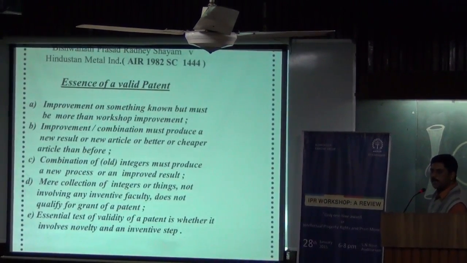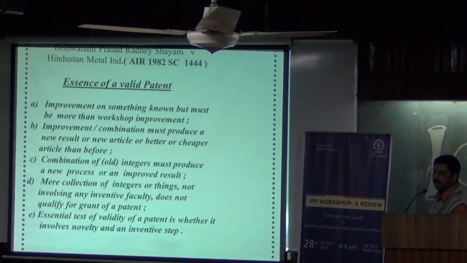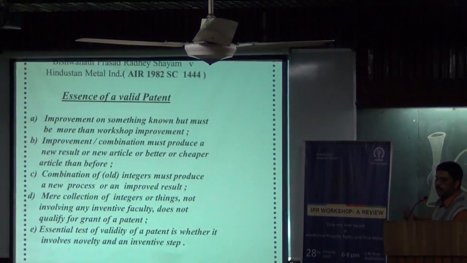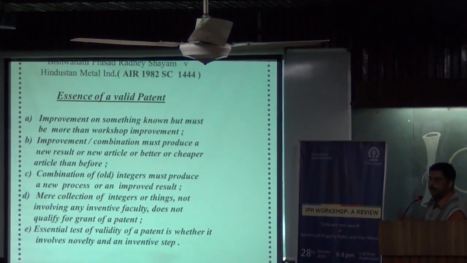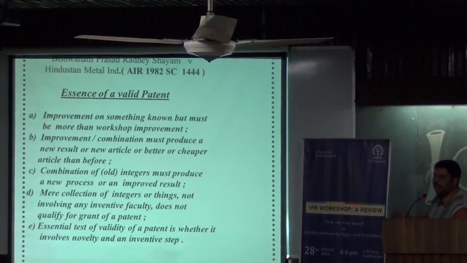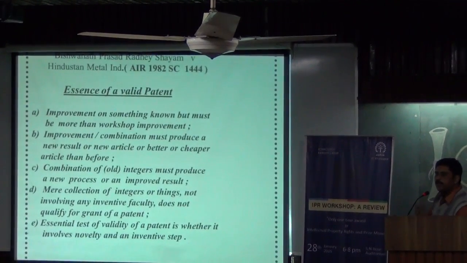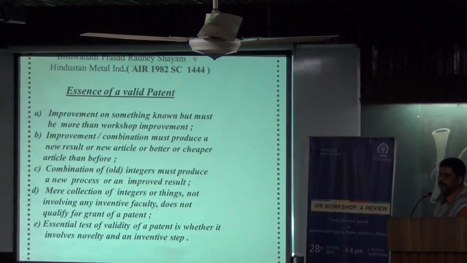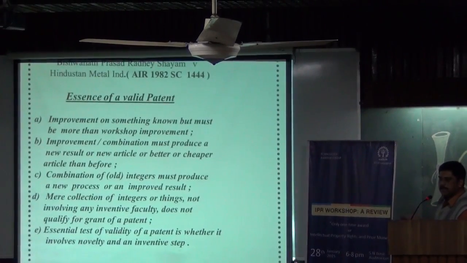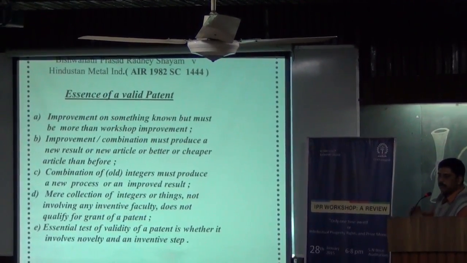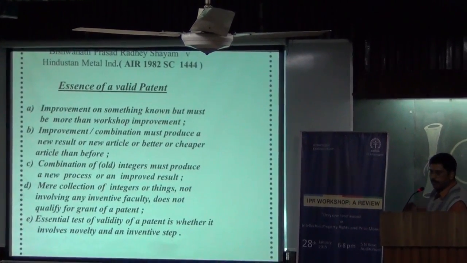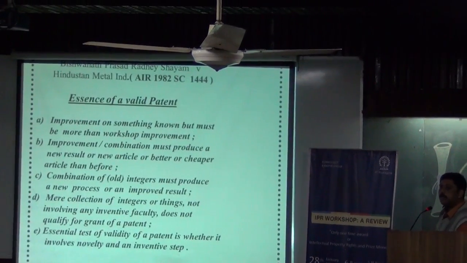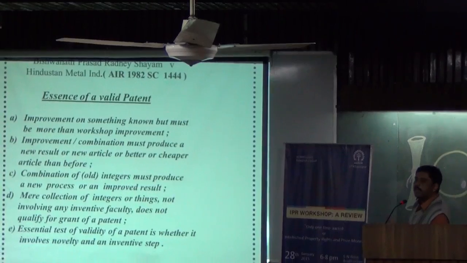Skill in the art means, in respect of a particular field, something that is obvious to the persons in that field. If I am simply changing the knob from one metal to another metal, from the metallurgist's point of view that is obvious. If you use stainless steel instead of cast iron, some property or luster improvement will automatically be there, though it may not qualify for the doorknob to be a patentable invention.